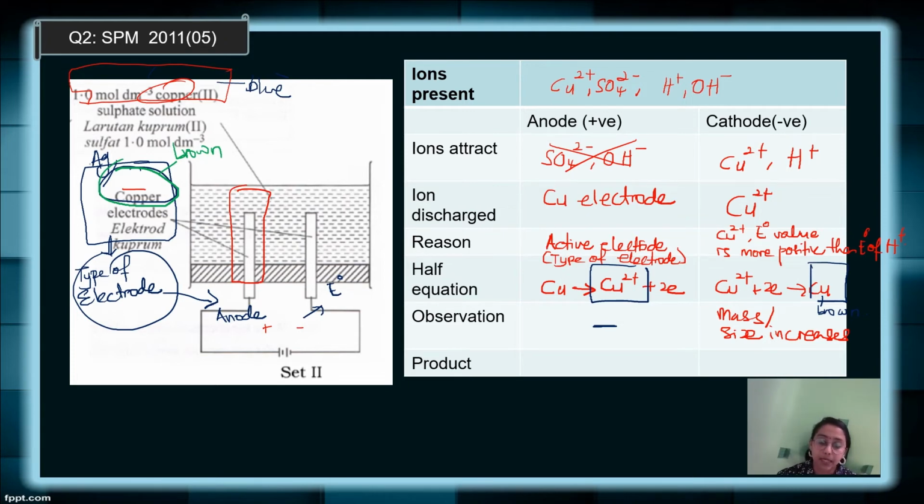So the name of the product for the anode will be copper 2 ion. Okay, but the name of the product formed for the cathode will be copper metal, or you can write copper atom. So the word ion and metal makes a lot of difference here, so please be careful.